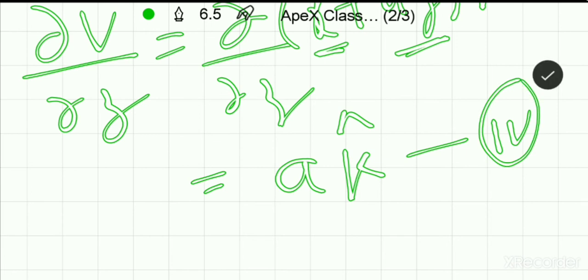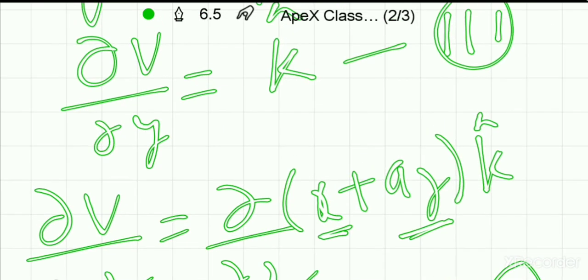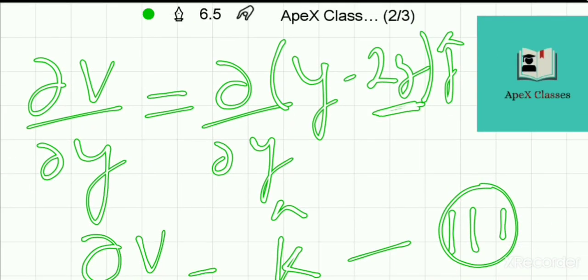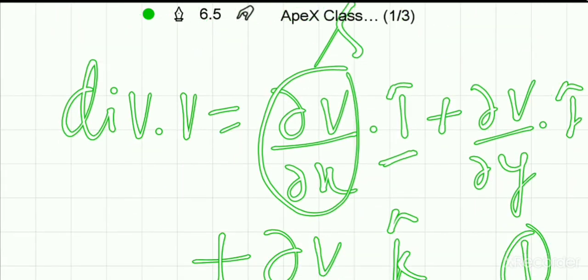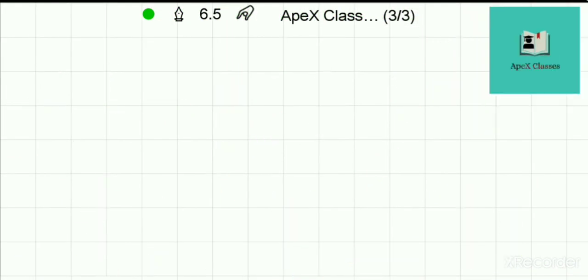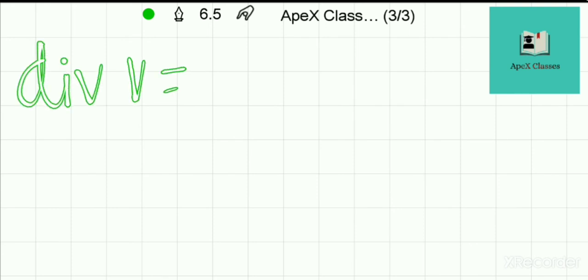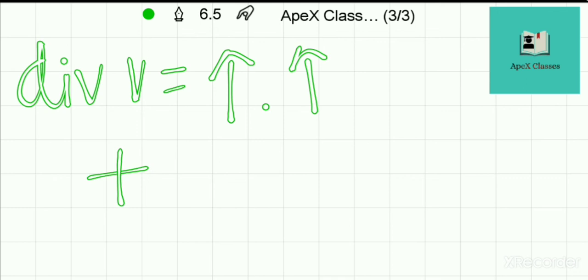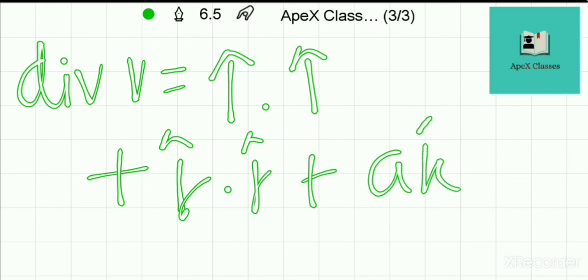Now we will put the values of equation number 4, equation number 3, and equation number 2 in equation number 1. So on writing the values, we will get divergence of v is equal to i cap dot i cap plus j cap dot j cap plus a k cap dot k cap.